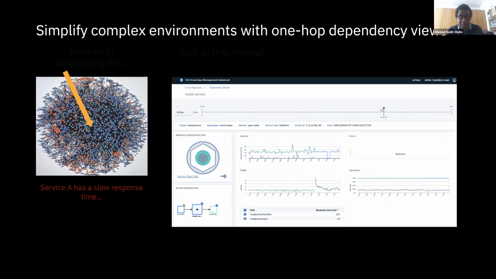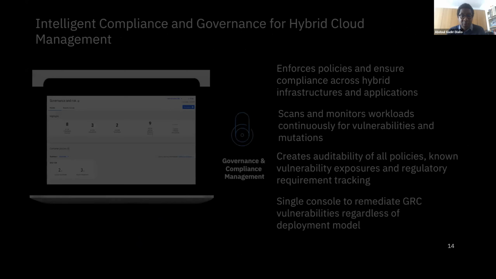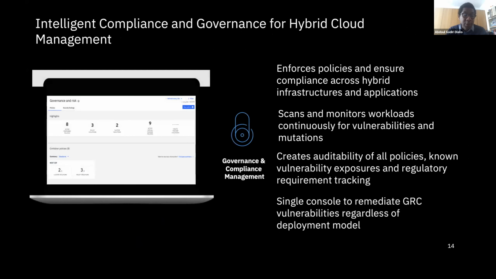So what we see here is an example of an application where we can drill down at the different components that it consists of and provide information related to the latency, the traffic, the saturation, etc. And provide also the topology and the dependencies of the different services that consist of that application. What you also have is a timeline that will help you actually detect when a specific error has occurred. So that's one first thing.